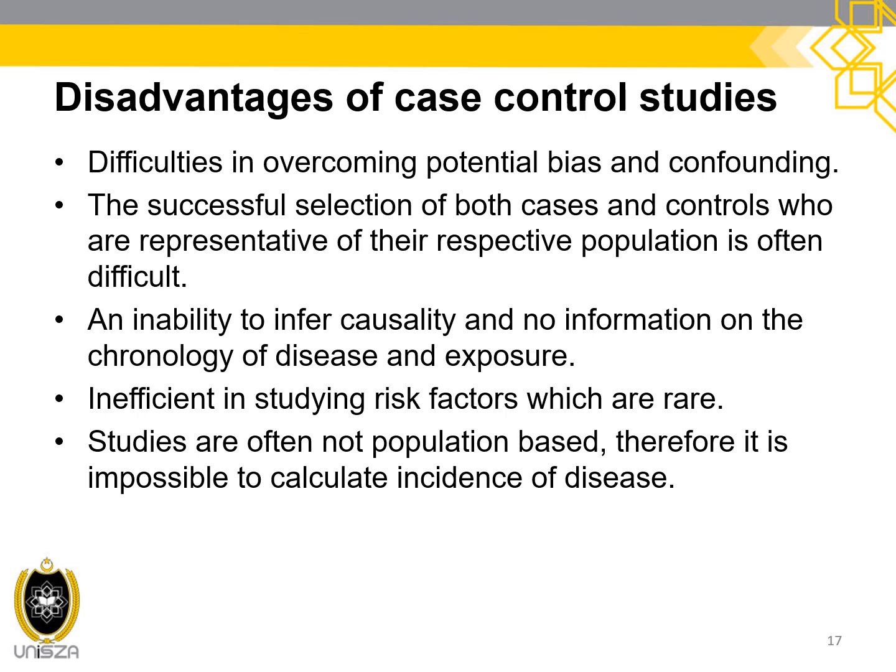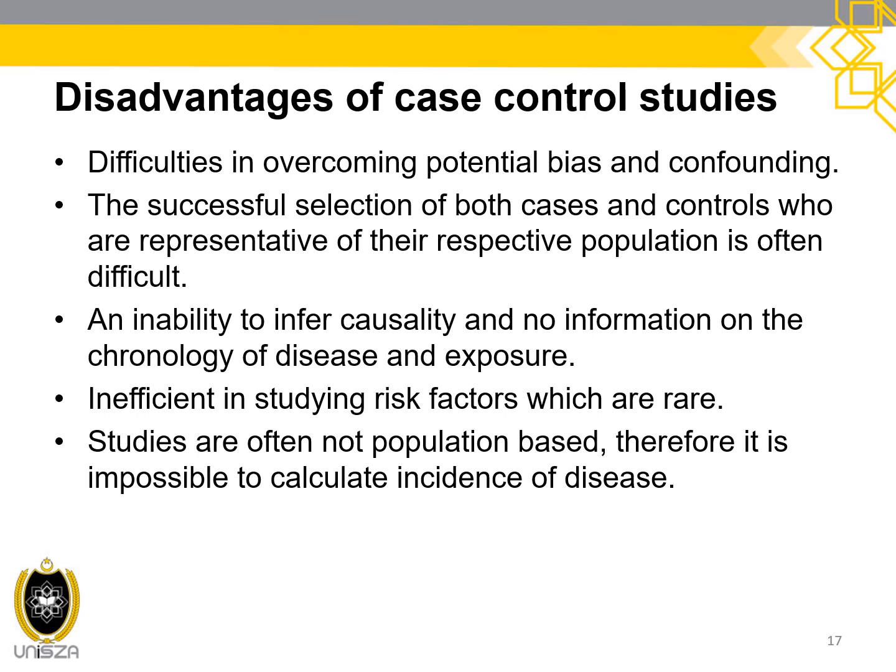There are five disadvantages of case control studies. The first one is difficulty in overcoming potential bias and confounding. The second disadvantage is that the successful selection of both cases and controls who are representative of their respective populations is often difficult.